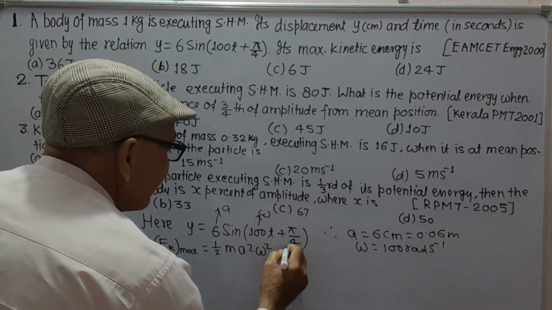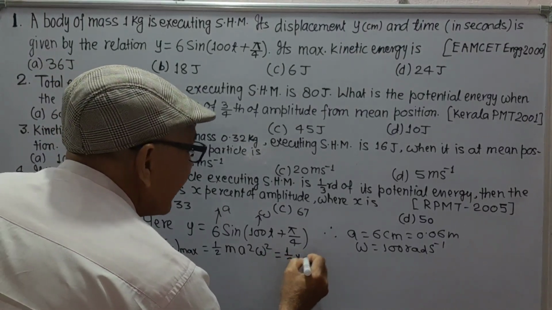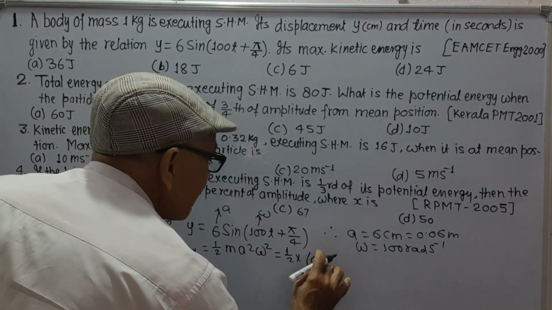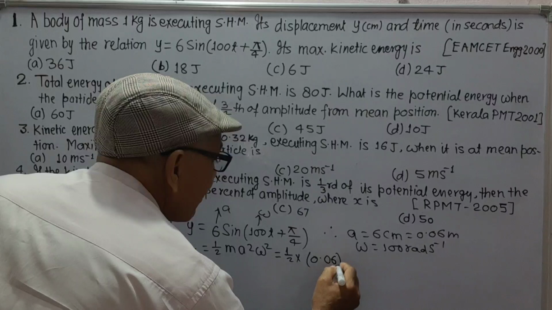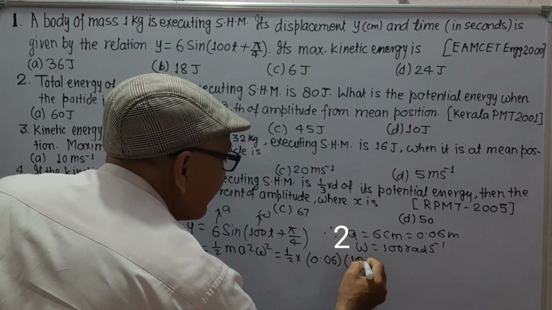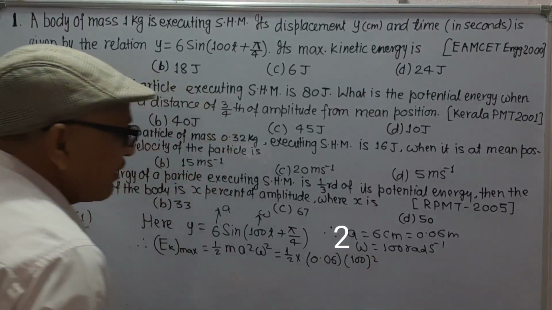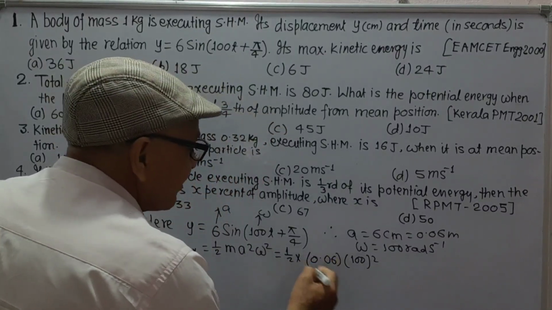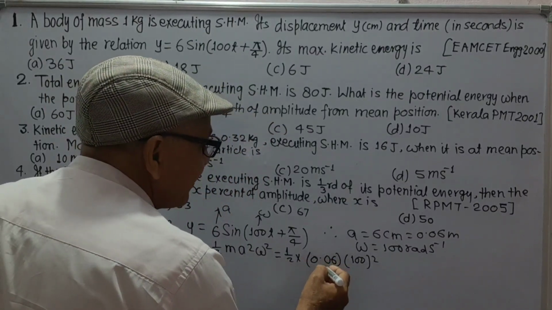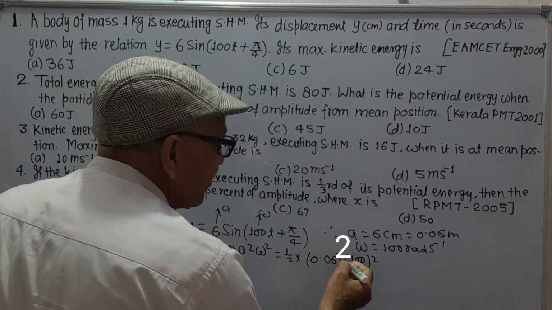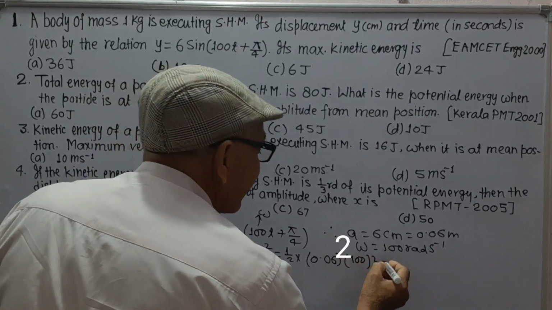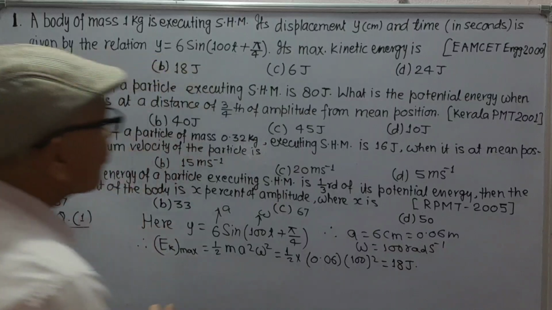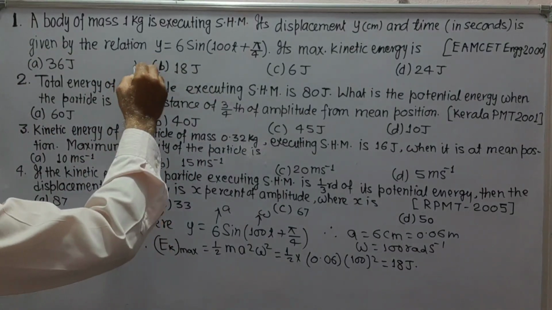M is 1 kg, so 1 by 2 into 1 into 0.06 square into 100 square, which gives 18 joules. So the correct option will be B.